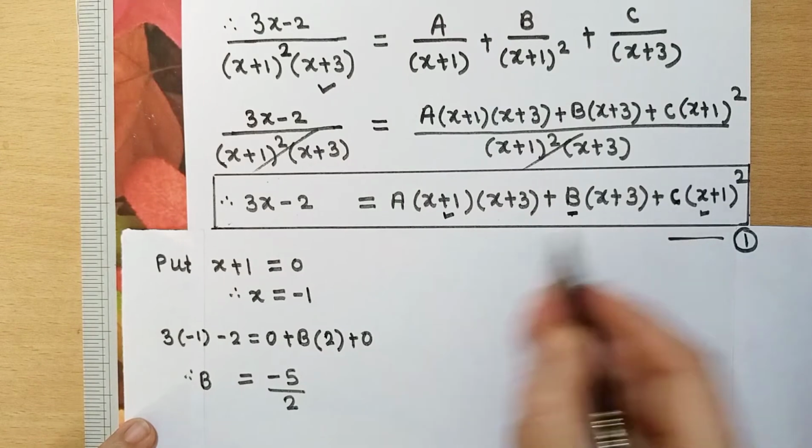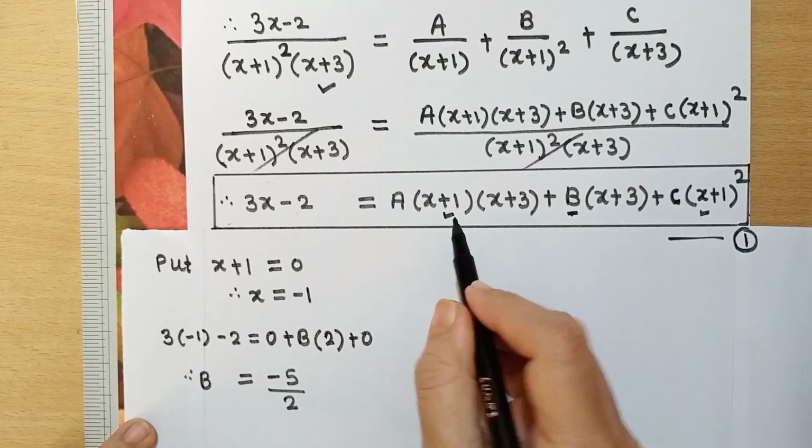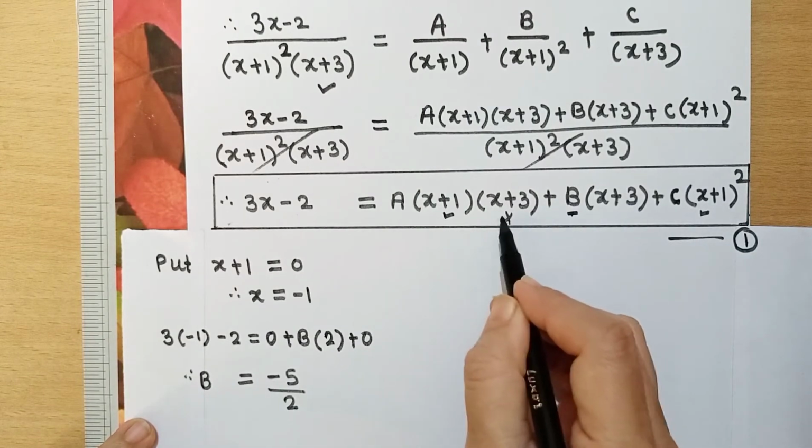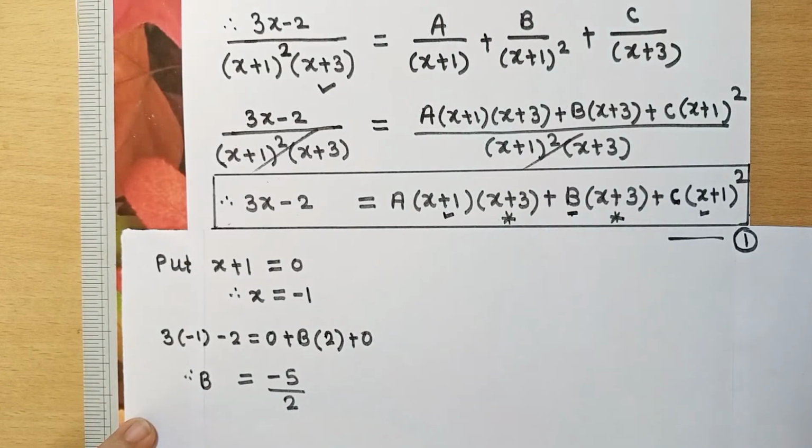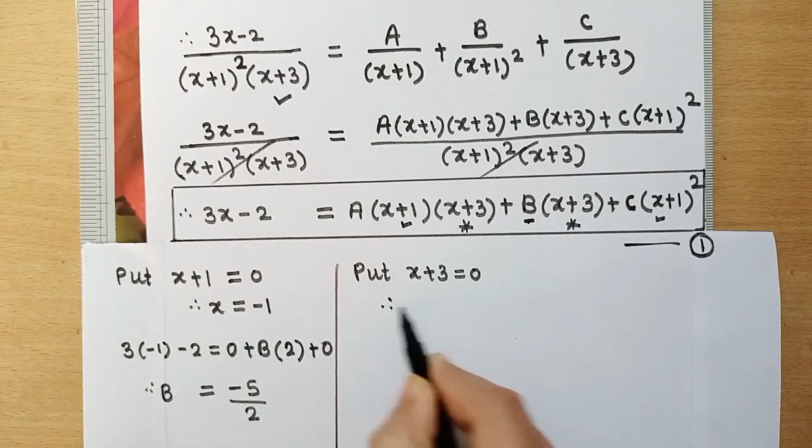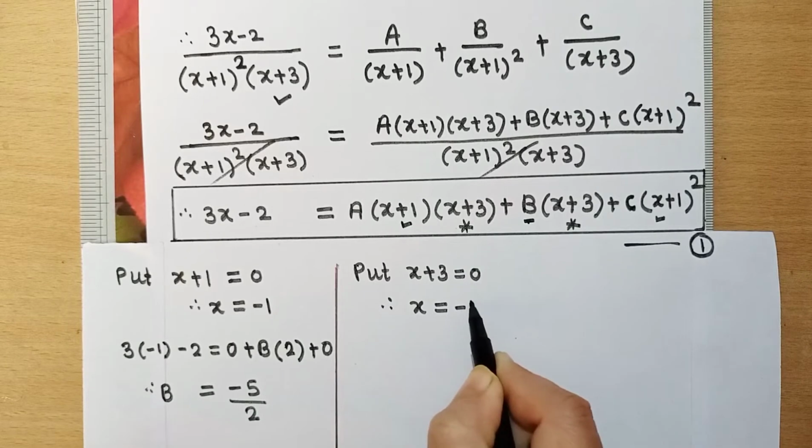Now we will find C, so for that we have to put this bracket x plus 3 equal to 0, and therefore x is equal to minus 3.